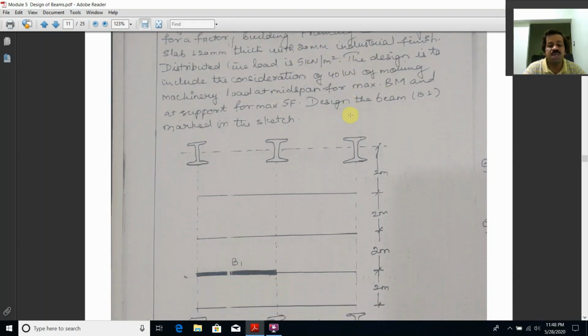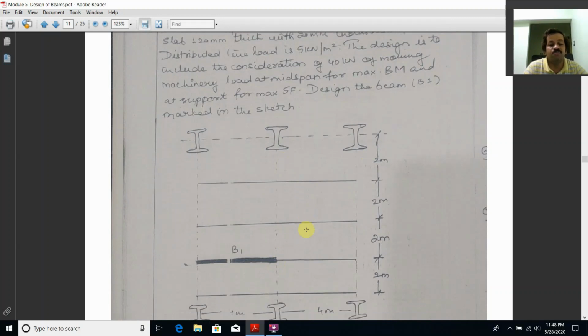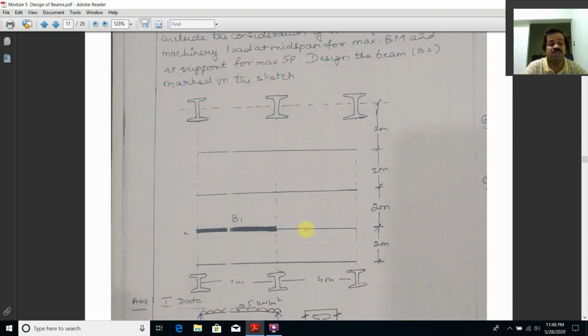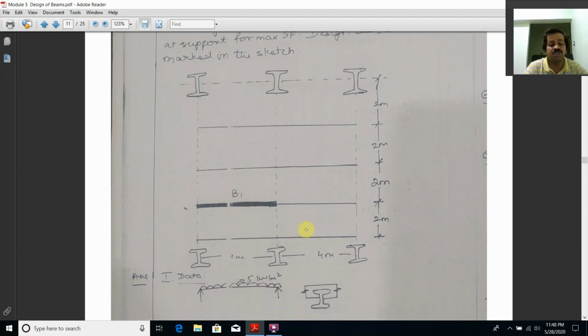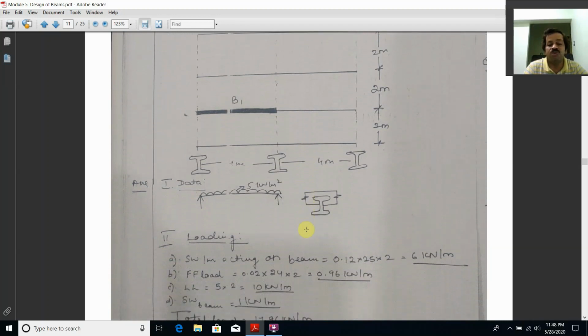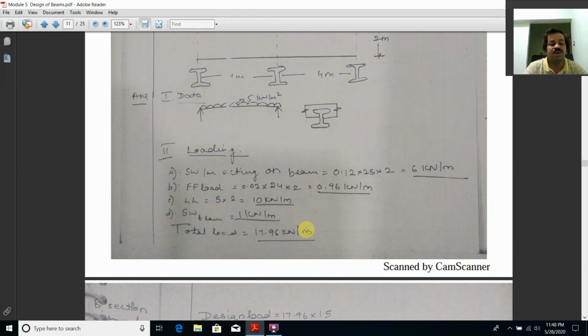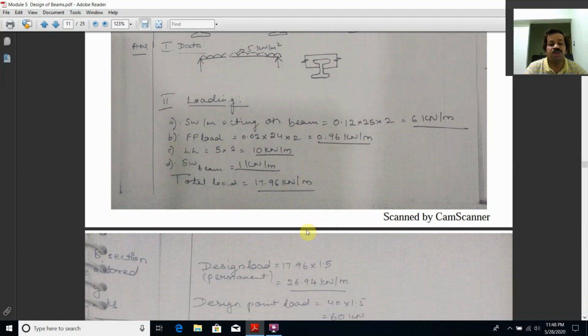The problem is the same kind, except the 3 meters is 2 meters, but there's a moving load of 40 kilonewton. As we learned in the fourth semester building structures, maximum moment occurs when the moving load is at the center, and the maximum shear force occurs when the load is at one of the supports. So calculate the loads as usual, what I explained earlier, but with the moving load of 40 kilonewton.